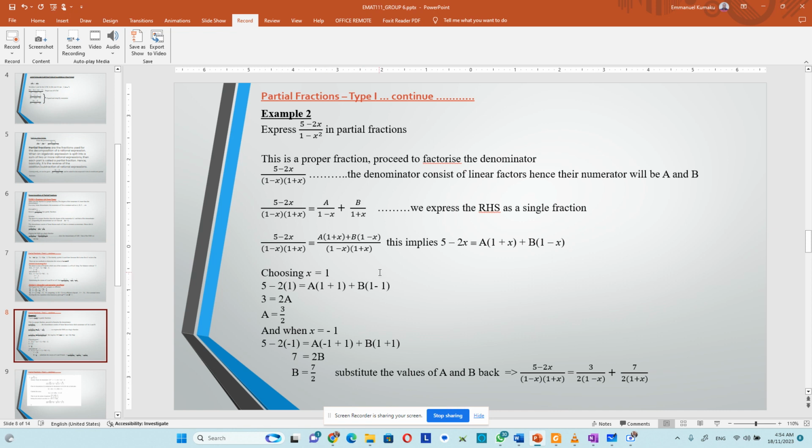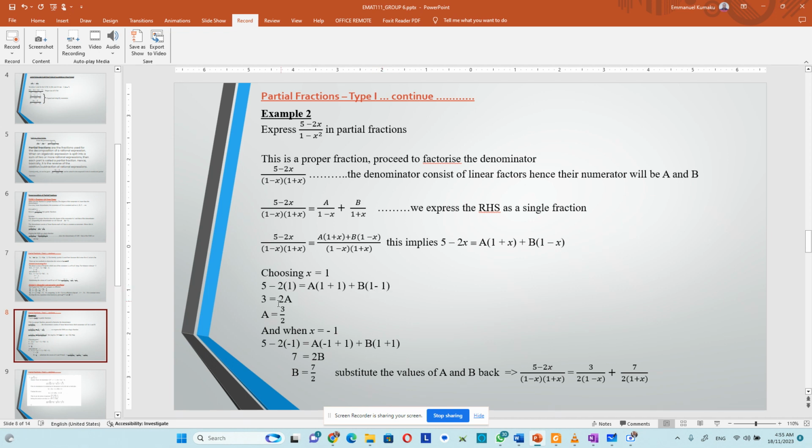Choosing x is equal to 1, that's the cover-up method. You can also expand and compare coefficients, as I said in the previous example. What I'm trying to do is make one of the variables, either a or b, drop. So when x is equal to 1, we substitute in: 5 minus 3 times 1 equals a(1 plus 1) plus b(1 minus 1).